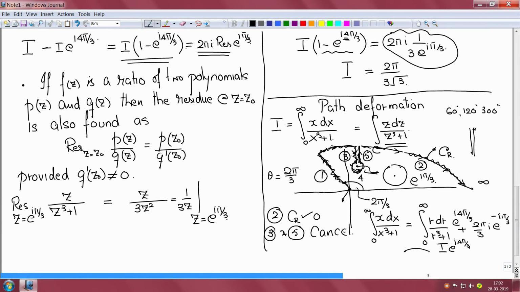So if I bring it onto this side, this is also I. So I get I into 1 minus e to the power of i 4 pi by 3 is equal to this residue on the right hand side, twice pi by 3 i e to the power of minus i pi by 3, and therefore as before I is equal to twice pi by 3 root 3, okay.